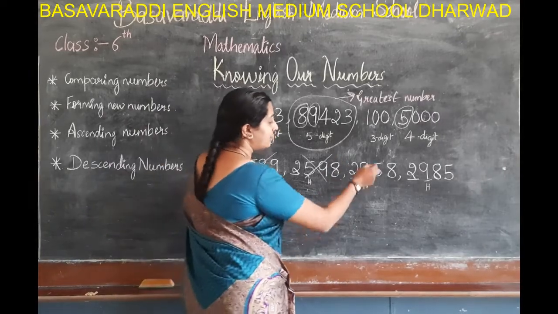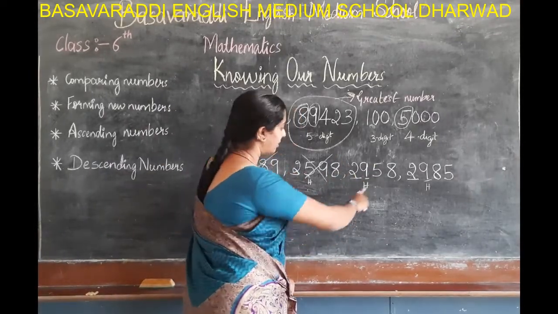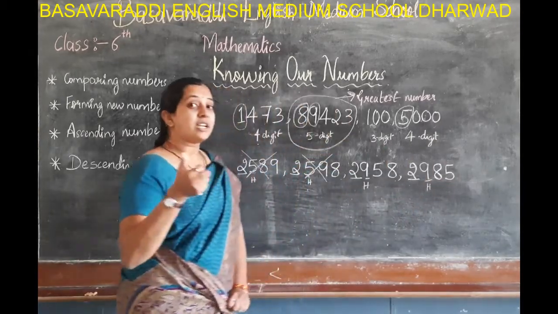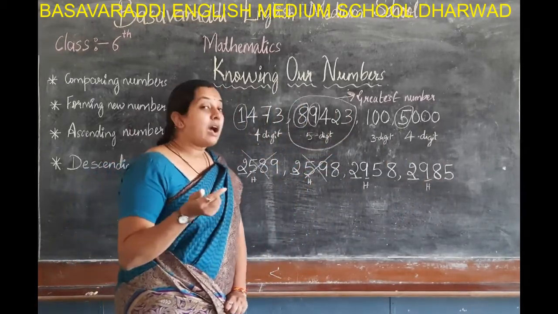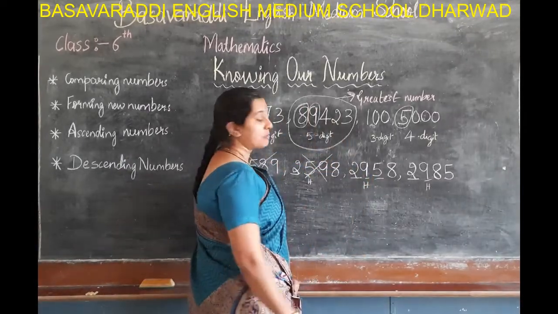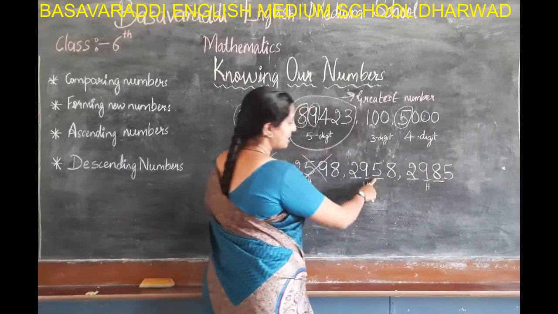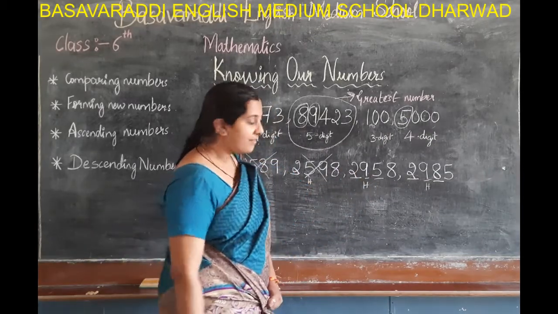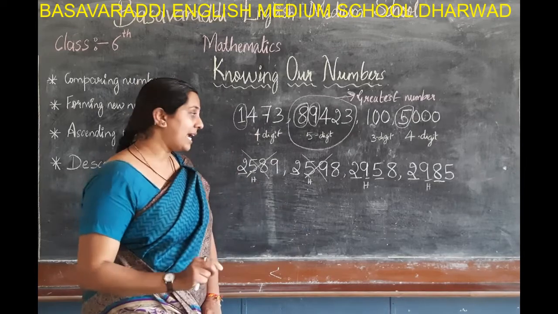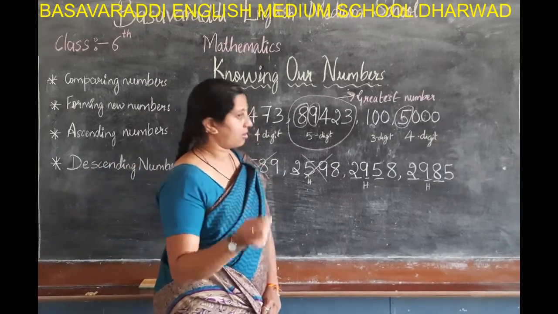Now when we look at these, what are we left with? 2958 and 2985. So we have checked the thousands place, hundreds place. Now check the tens place. So in tens place, here we have 5 and at this place we have 8. So which is greatest here?